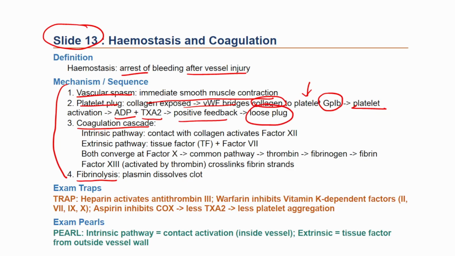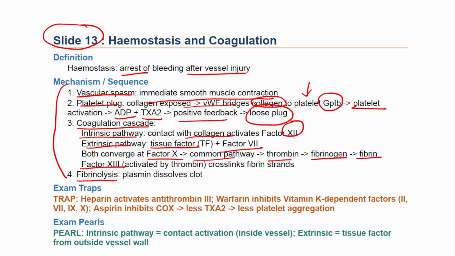Then comes the coagulation cascade. The chemical cascade splits into the intrinsic pathway, activated by factor 12 when it comes in contact with collagen, and the extrinsic pathway, triggered by tissue factor and factor 7. Both regulatory pathways converge directly at factor 10 to activate the common pathway, which generates thrombin to convert soluble fibrinogen into insoluble fibrin strands.